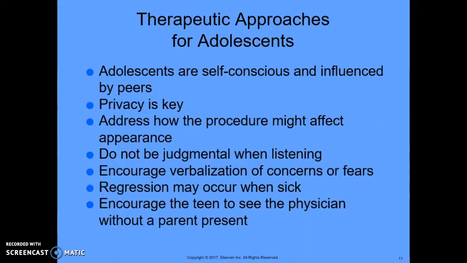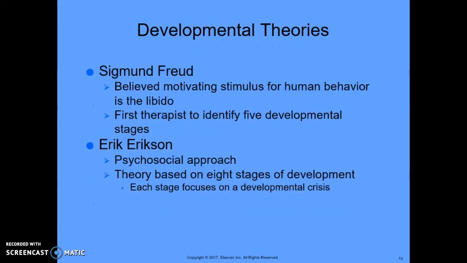So we want to, again, build trust and help them and model how to get through an appointment and a physician visit, without having to depend and rely on the parents necessarily, depending on the situation, of course.